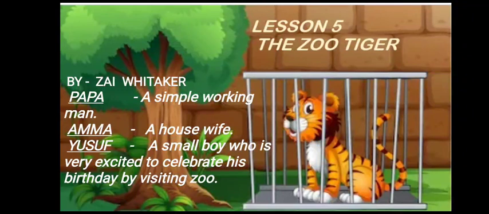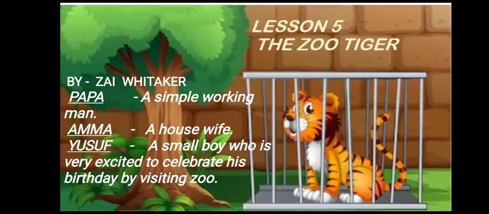They have seen all the animals, and at the end they have come to the cage of the tiger. But the tiger was fully opposite from his imagination. He thought that the tiger will be energetic, the tiger will be beautiful, the tiger will be smart, the tiger will be active.